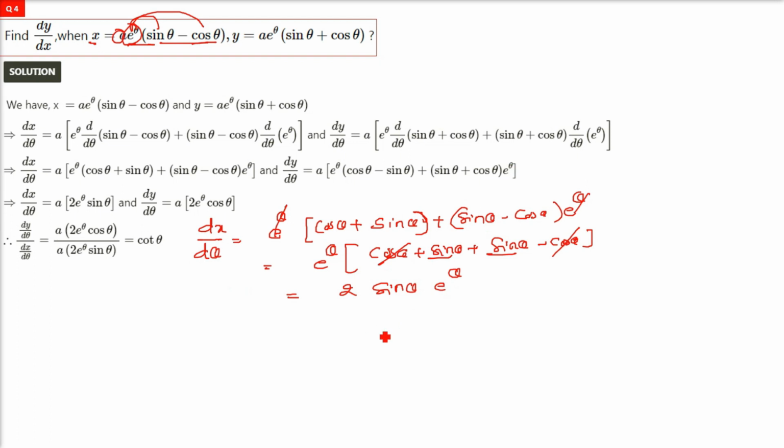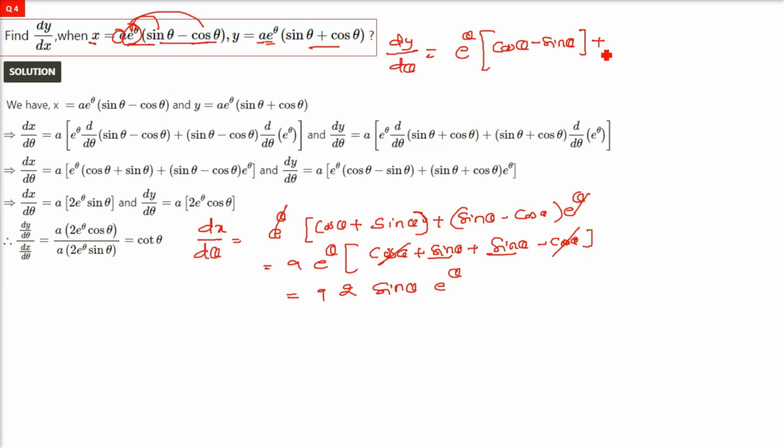Now the second term I'm just doing it above. dy by d theta will be equal to, again, a, don't worry about a, it will always be there. We are going to cancel it anyways. So dy by d theta: we have the first term e to the power theta, second is sin theta plus cos theta. So e^theta, now sin theta plus cos theta differentiation, sin theta gives cos theta and cos theta gives minus sin theta.